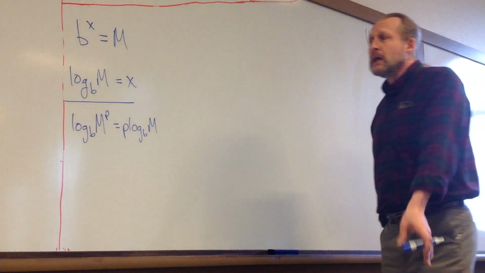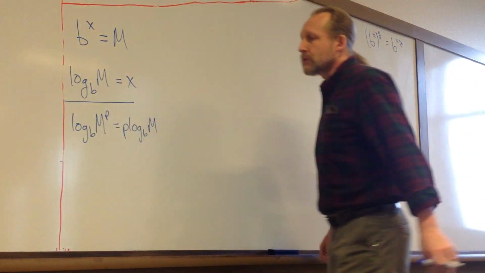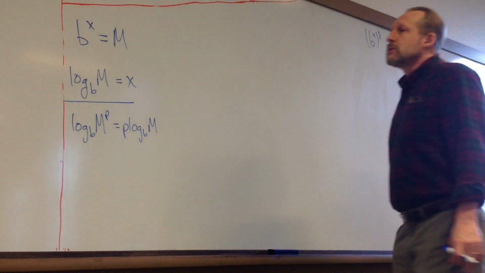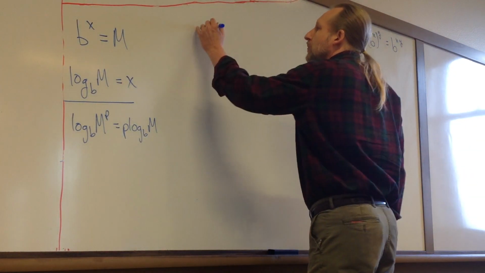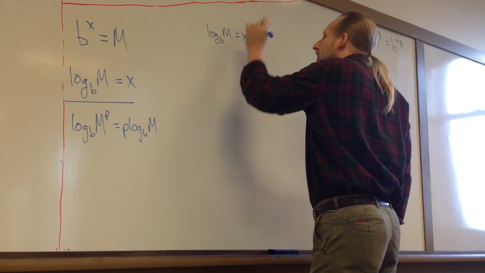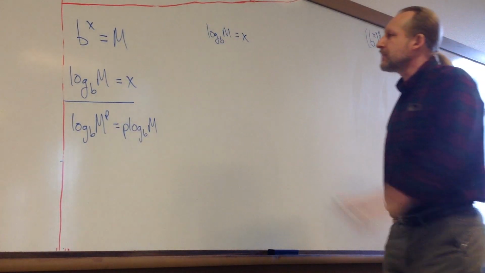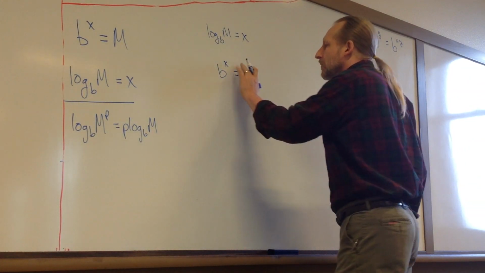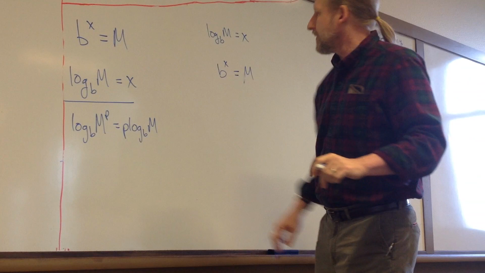So let's take a minute to talk about why this is true. What does it have to do with this right here? First off, we'll start with a logarithm, log to the base b of m equal to some number x, and that means that b to the x power is equal to m. So that's just what we had over here.